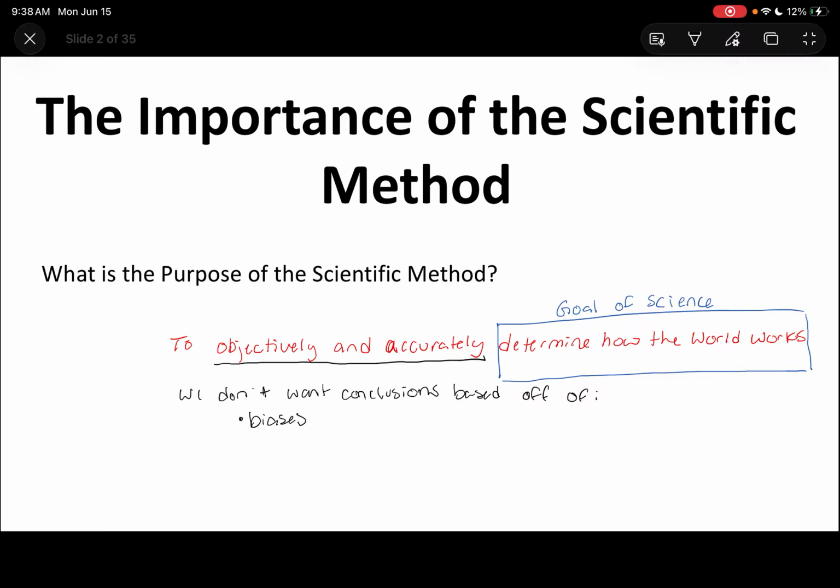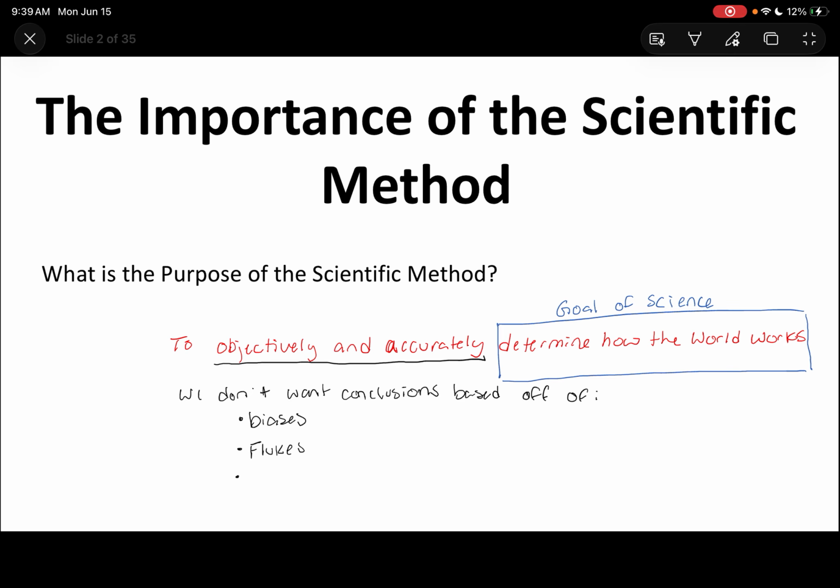Humans carry lots of biases that can influence the conclusions we make, and sometimes then we don't end up with accurate conclusions. We don't want conclusions that are based off of flukes, right? Flukes are one-off events that don't reflect the average response you're going to get. We don't want that either.